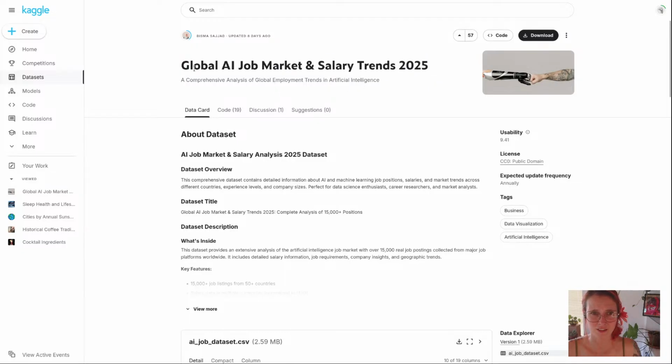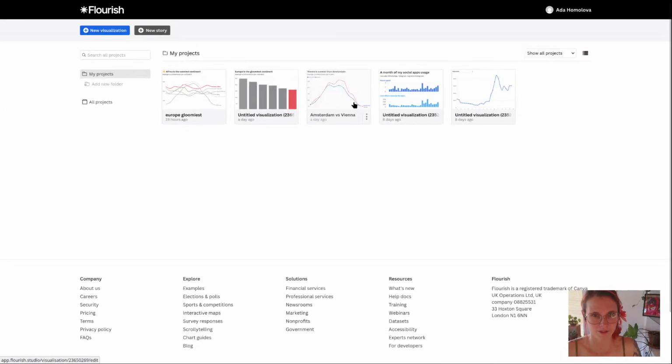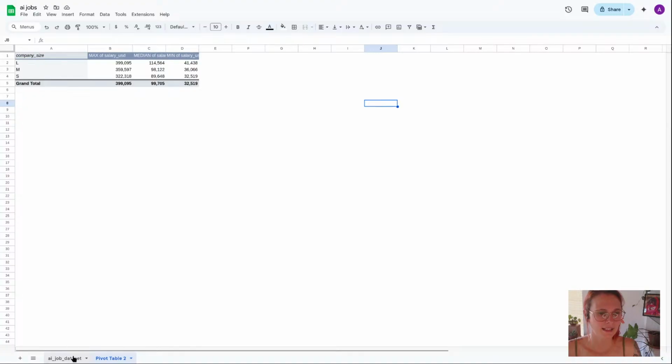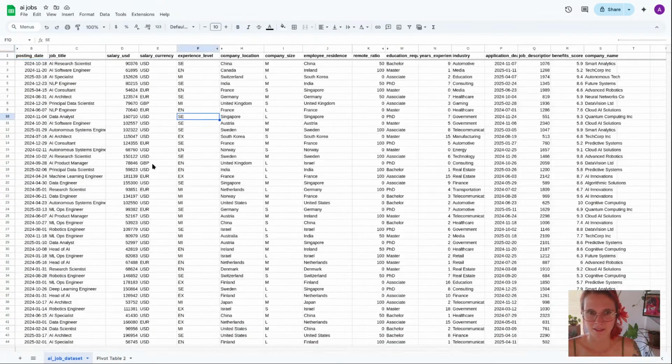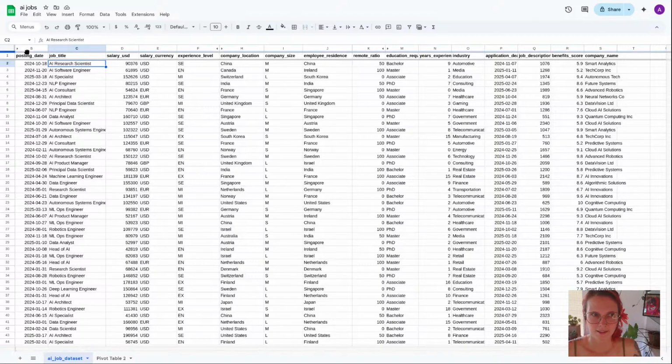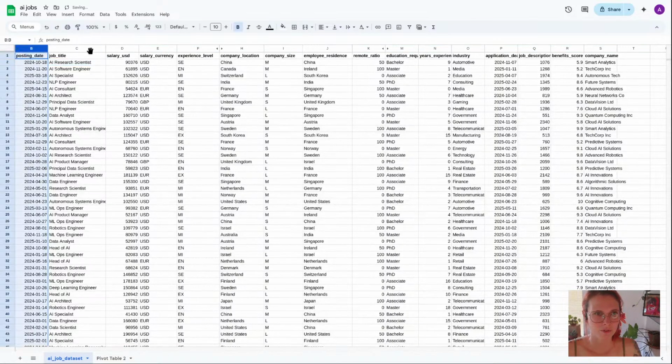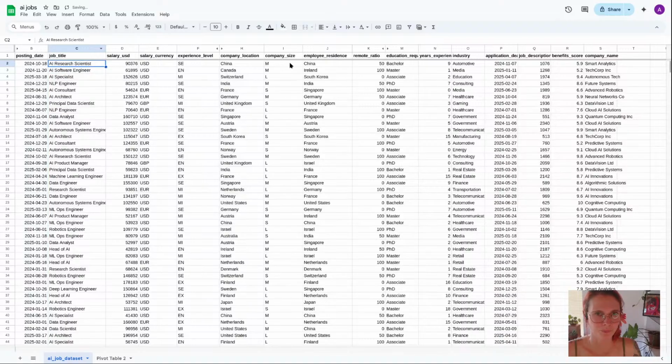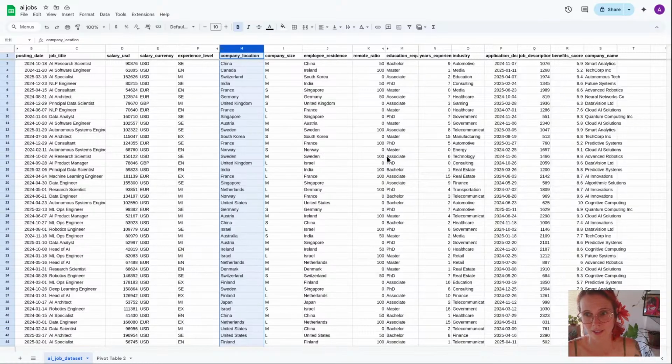This is a global AI job market and salary trends data set, and I have downloaded it here. So you remember we were talking about all these different dimensions that I need to get rid of in order to tell a story, or in order to put it on a data visualization.